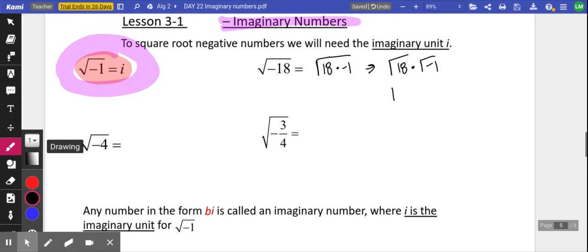So we have now the square root of 18, and the square root of -1 here is just i. Okay, so now I just need to break down that 18. 18 is 9 and 2, 9 is 3 and 3. Hey, there's my pair. One of them gets to come outside. So I get a 3, and I get a 2 inside the radical, and then an i.